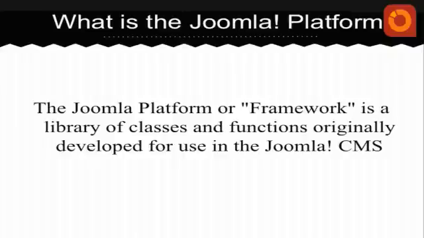That is now becoming known as the Joomla framework. So a slight difference in the name, but the underlying concept remains the same. Basically, we're having a library of classes and functions and methods which you can use to build applications on top of. So you're not anymore tied to using the CMS. You can use just the underlying libraries, known as the framework, and write an application.